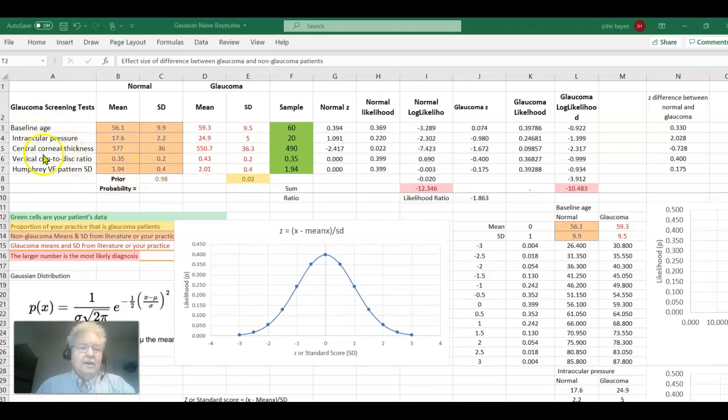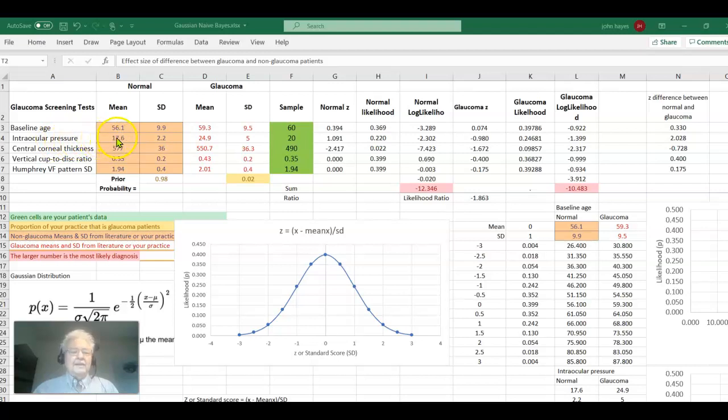So any one of these measures can have a probability, and we can look at the probability of what each of these is in normal. Now there's not really a normal age, you just kind of go through it. But for IOP, if you don't have glaucoma, there's a mean for that, and we talked about that earlier, and a standard deviation.